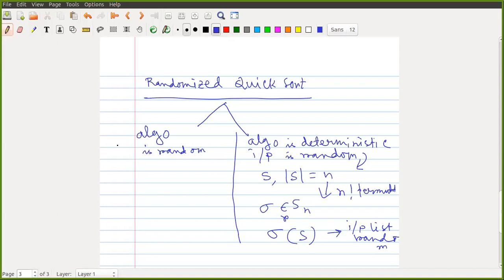Another case is where the algorithm is itself random. What do we mean by that? As most of you have probably guessed, the randomness lies in picking the pivot. We pick the pivot element randomly.